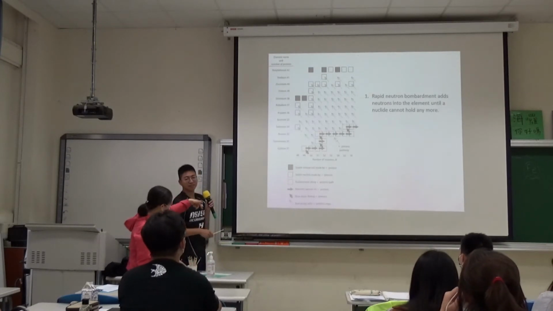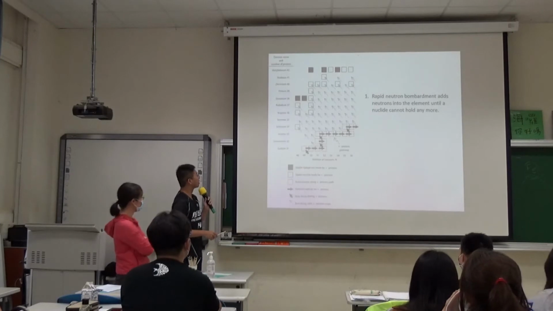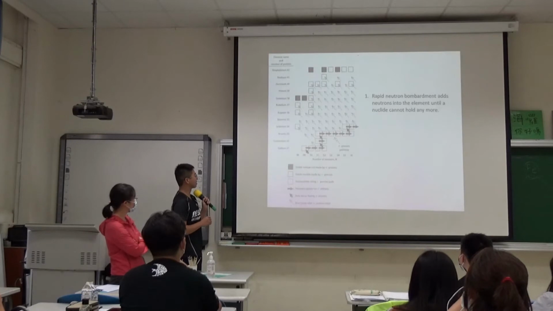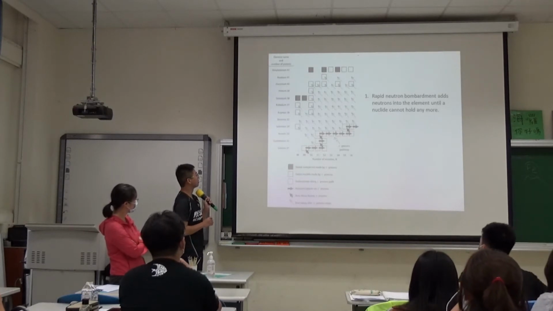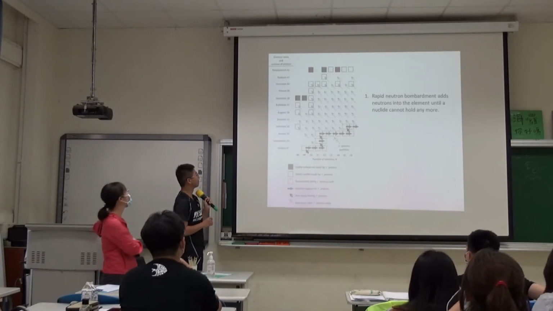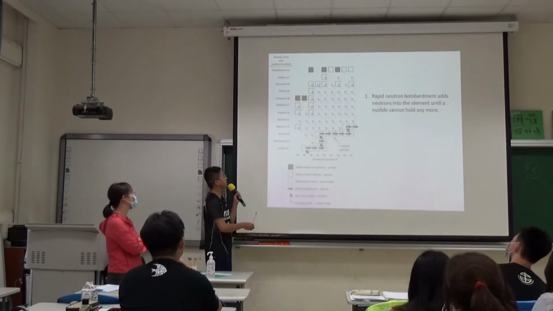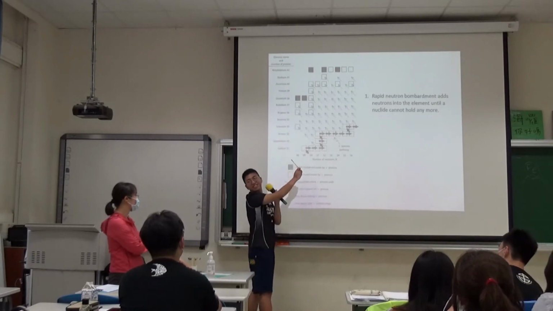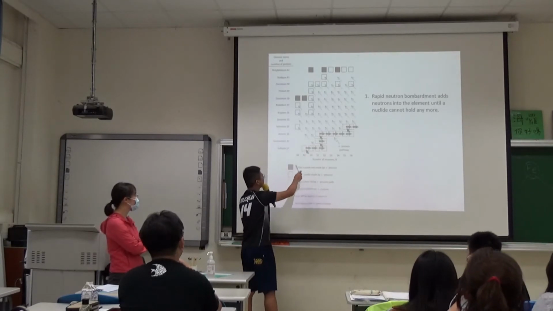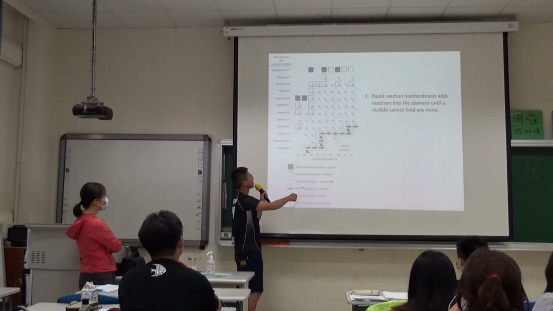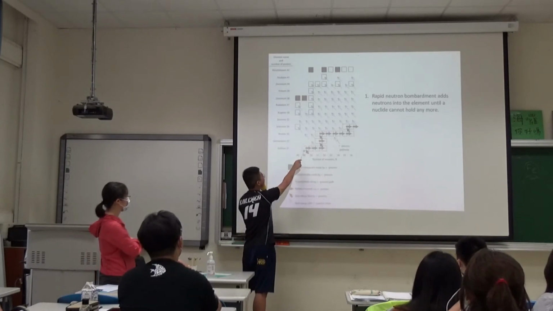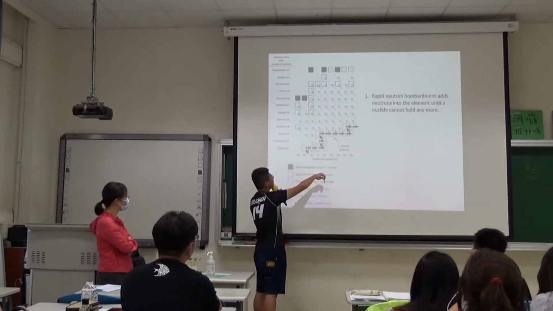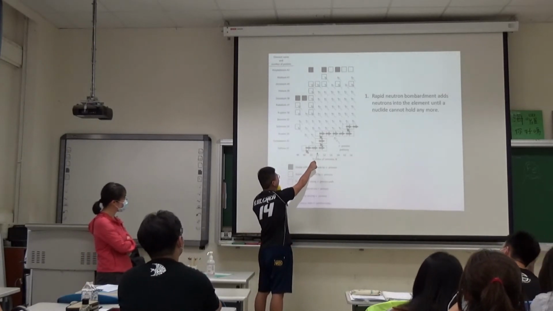First you have to explain all the symbols. First, we just start from this one and this one. An explosion, so the neutrons get into this nucleus, and another neutron gets into the nucleus.